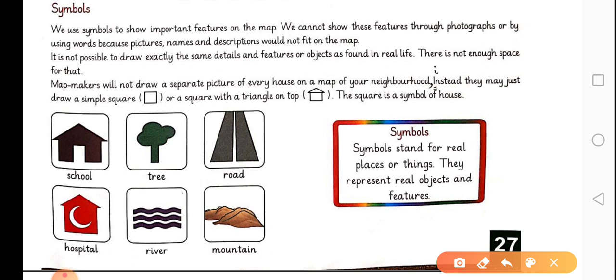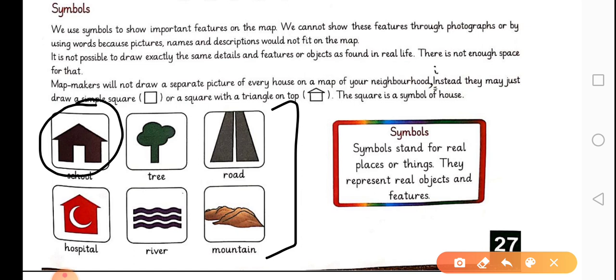Map makers, they do not make a separate picture for everything. They just draw a symbol of it. For example, if you look at this section, you will see this symbol means school, because it is very difficult to draw the exact building of the school, so they always draw a symbol like this.